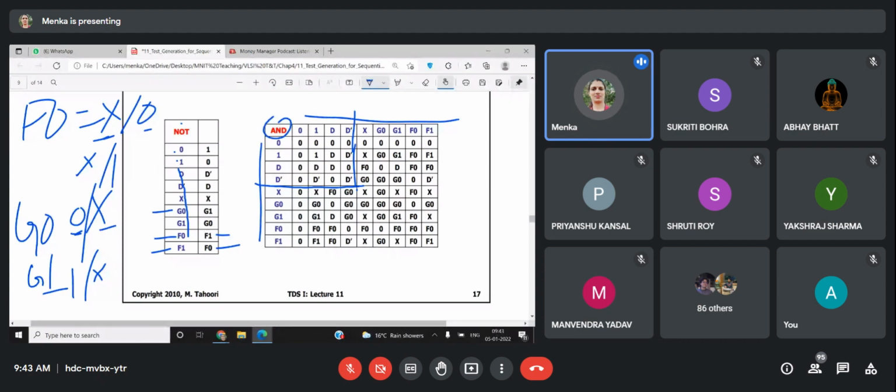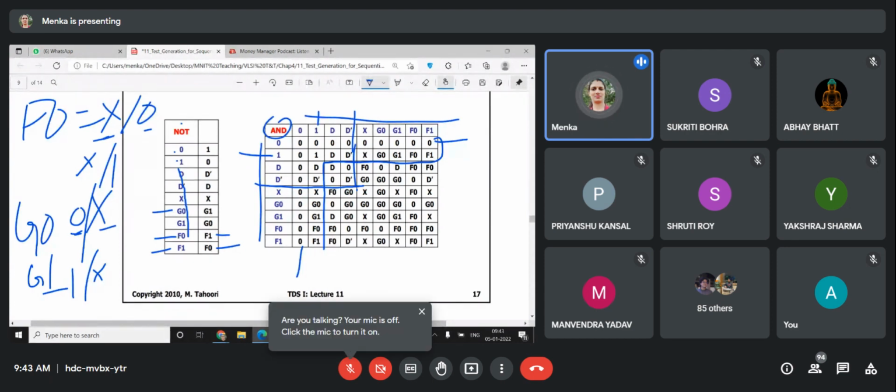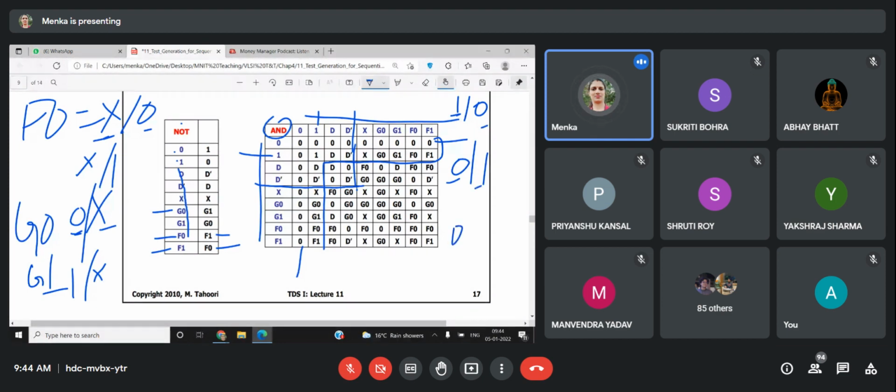So 0 ANDed with anything is 0, 1 ANDed with anything means anything will appear. तो यहाँ तक हो गया सबका. अब ये बचता है D ANDed with D, you are getting D. D ANDed with D dash. D क्या था? This one. D dash क्या था? AND कीजिए दोनों का. You'll be getting 0 0. So that's why you are getting 0 0 here.